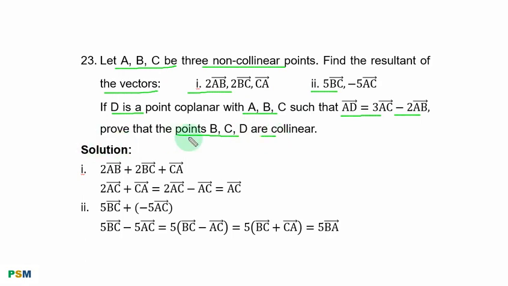Solution. To obtain a resultant vector, you simply add the given vectors. So you have Roman figure 1, 2 times vector AB plus 2 times vector BC plus vector CA. If you add the first 2 vectors, you have 2 vector AC.